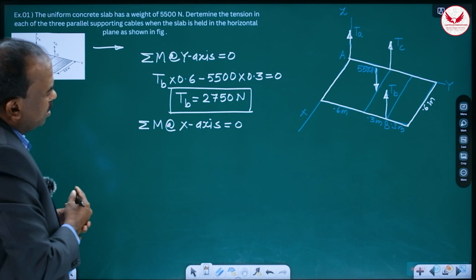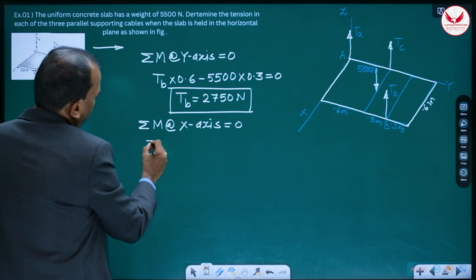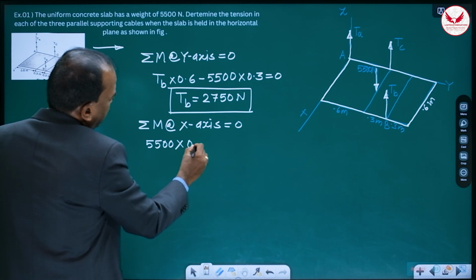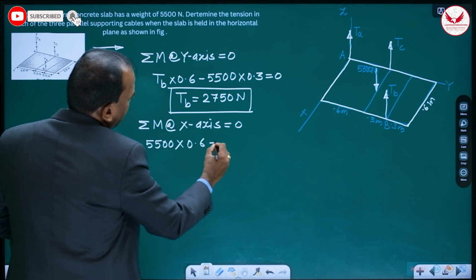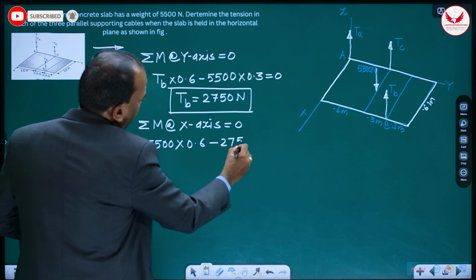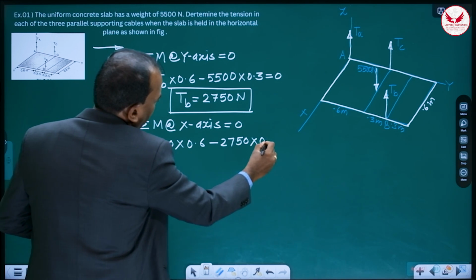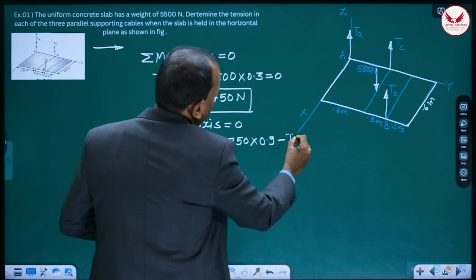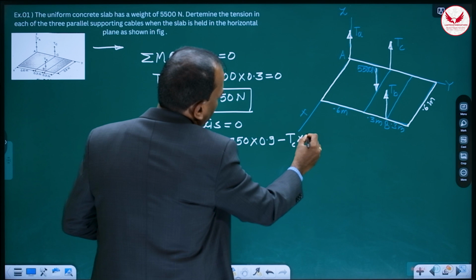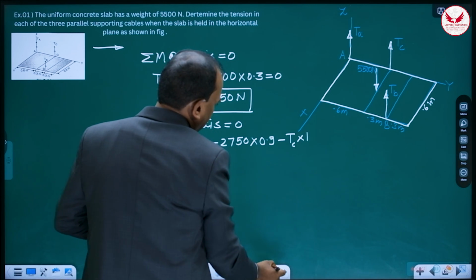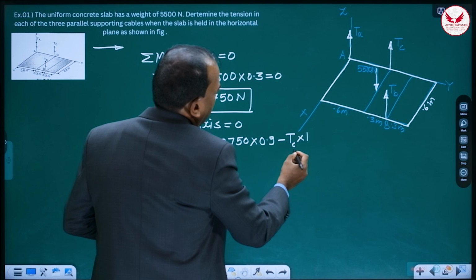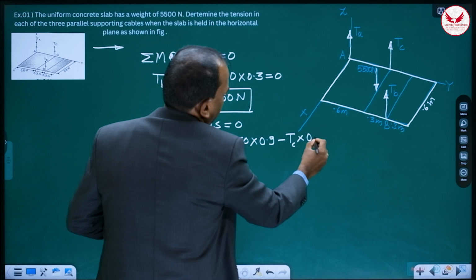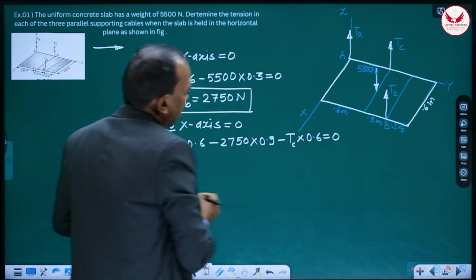The moment of 5500 is clockwise. 5500 into 0.6, it is clockwise, minus TB 2750 into 0.9, minus TC into this distance 0.6 about x-axis, it is equal to 0.